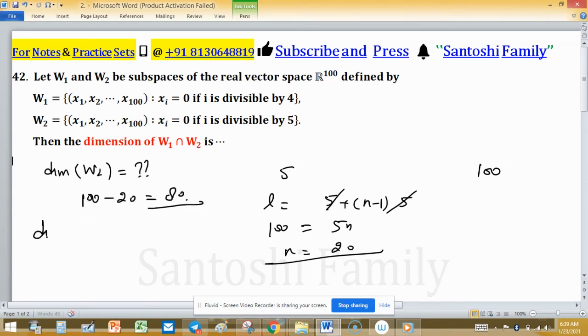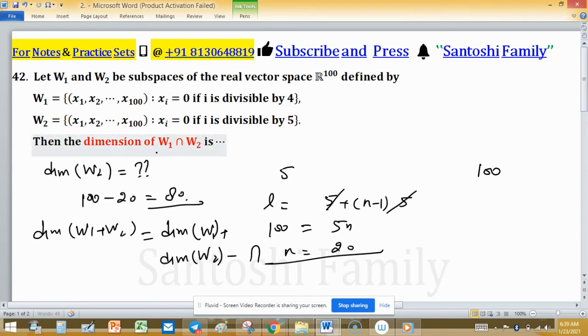You can find the dimension of W1 plus W2 and apply the formula: the dimension of W1 plus W2 equal to the dimension of W1 plus the dimension of W2 minus the dimension of the intersection. Or the easiest way to find the dimension of the intersection is to take an element in the intersection.